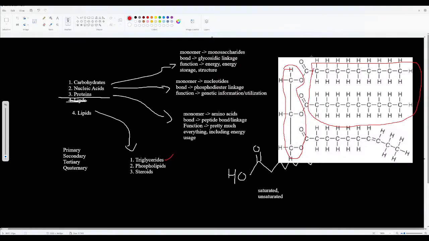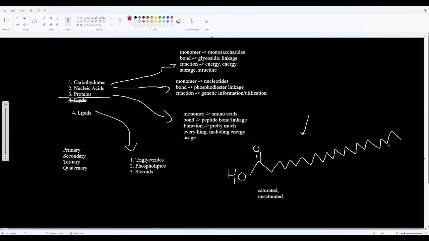So something like olive oil or peanut oil will have primarily these double bonds, these unsaturated fatty acids, because it is liquid at room temperature and has these kinks that stick out and have a lower ability to bond closely together, making it less dense, making it liquid, right? So that's the difference between saturated versus unsaturated.